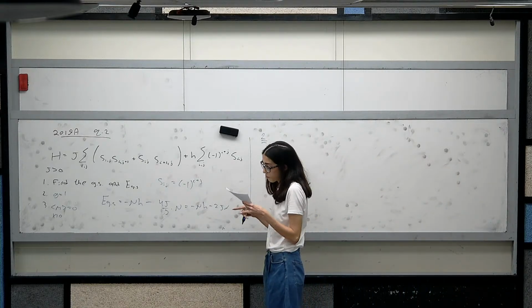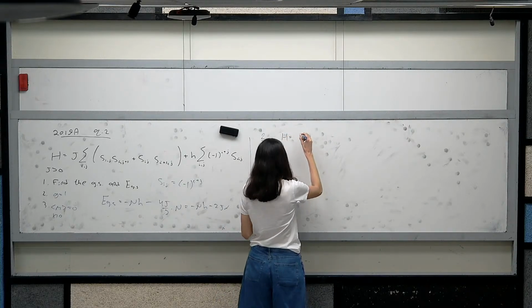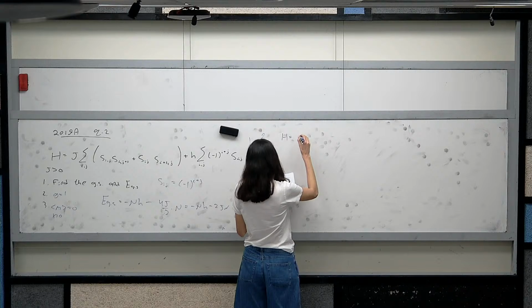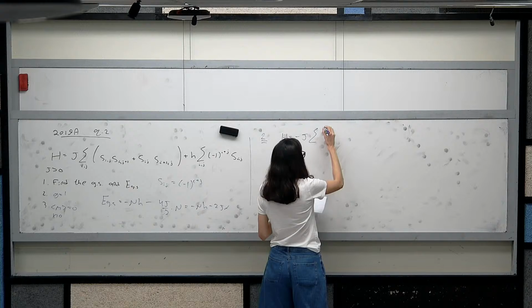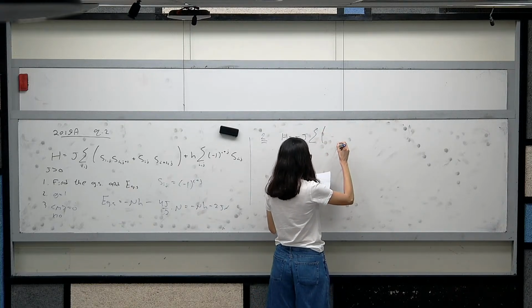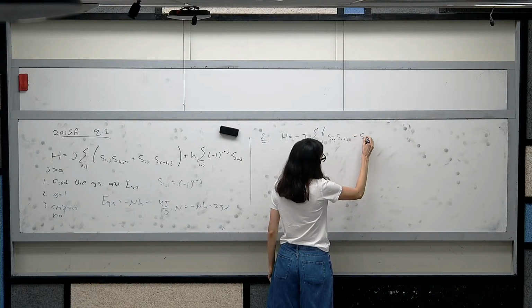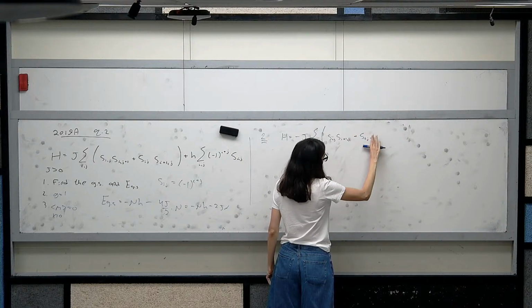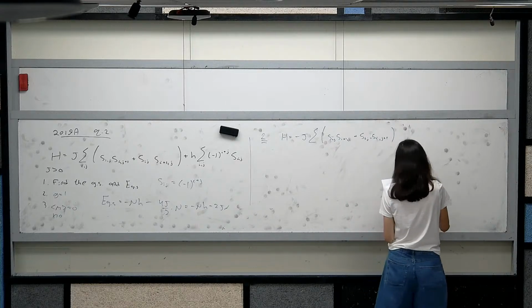Okay, so now we have a ferromagnetic Ising model. I didn't find my model. So this is minus J sum of S_ij S_i+1,j, S_ij with S_i,j+1. So the interaction term is the same interaction term.